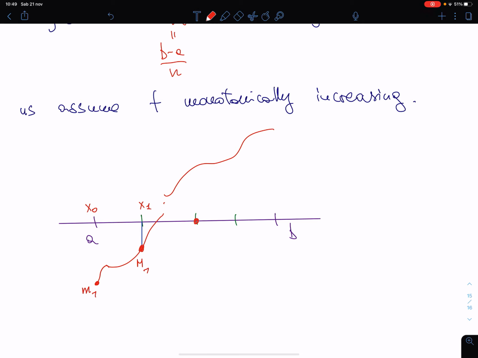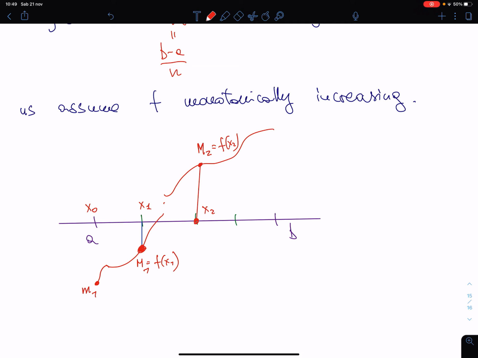Okay, let us go to the second interval, and here the sup, or the maximum, is m2, so it is f of x2. Capital M1 is f of x1, but the important thing is that this point here, which was the sup, or even the maximum in this interval, becomes the minimum for the following interval.